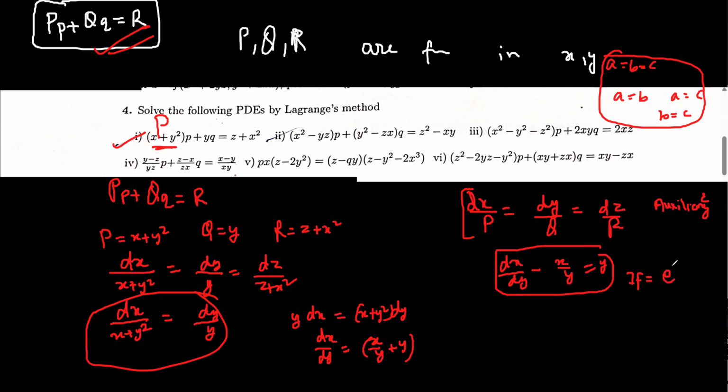Integrating factor is e raised to minus integral of 1 by y dy, so IF is 1 by y. Then multiply with x, so x into IF.